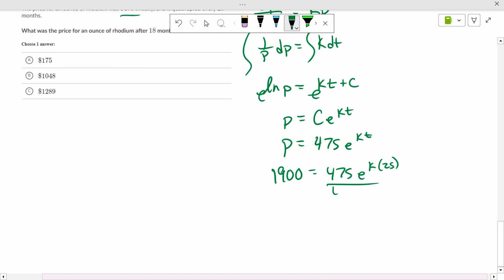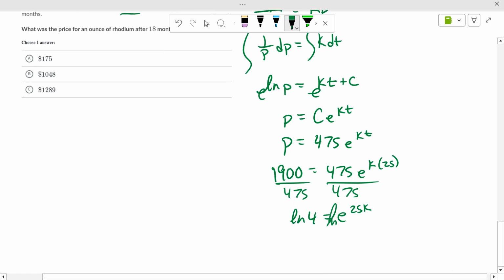So if you divide by 475, 4 equals e to the 25k, ln both sides. K equals ln of 4 divided by 25.